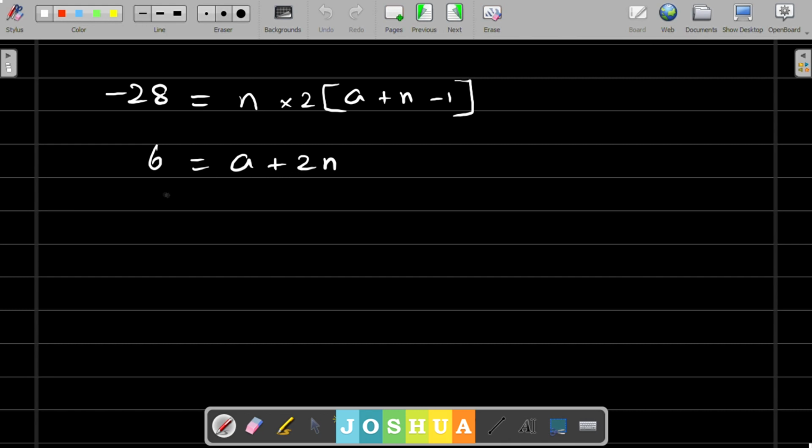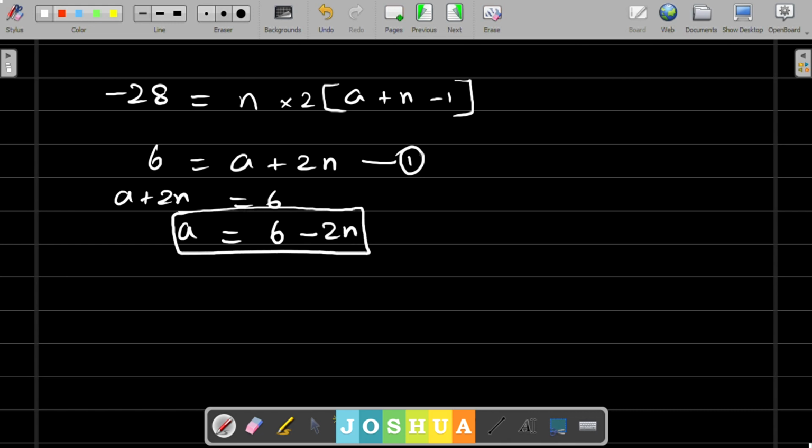So this is equation 1. a plus 2n equal to 6, or a is equal to 6 minus 2n. Now substitute this value in equation number 2.